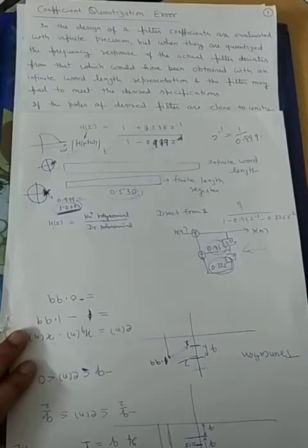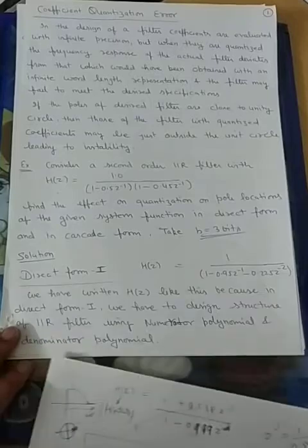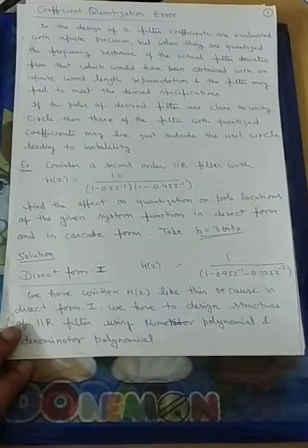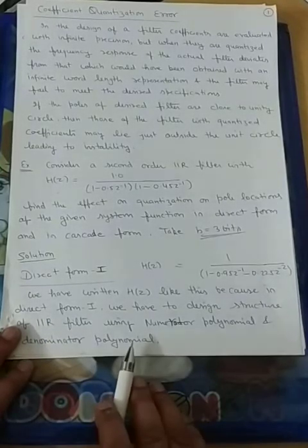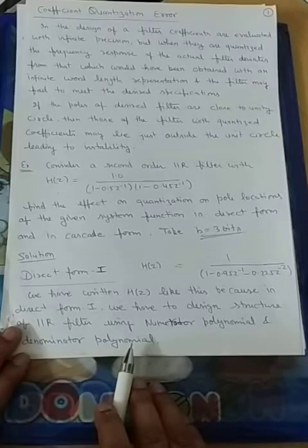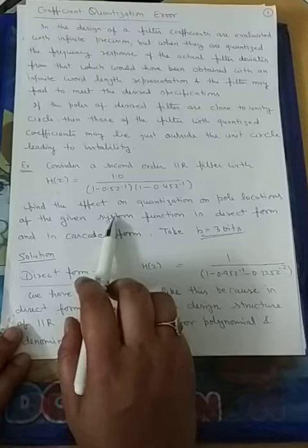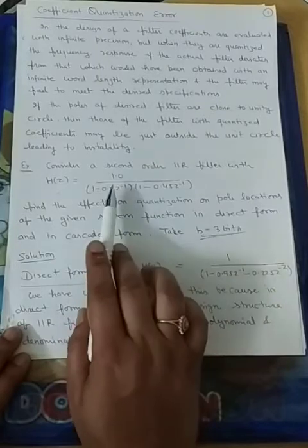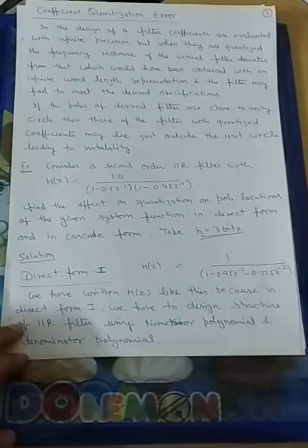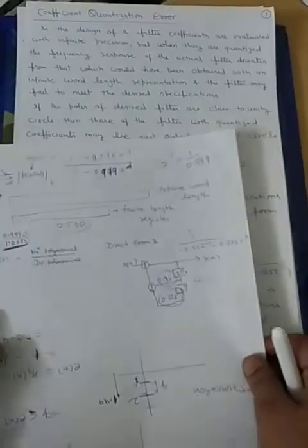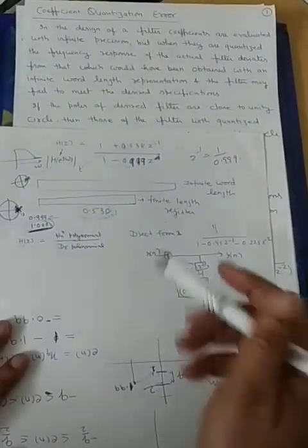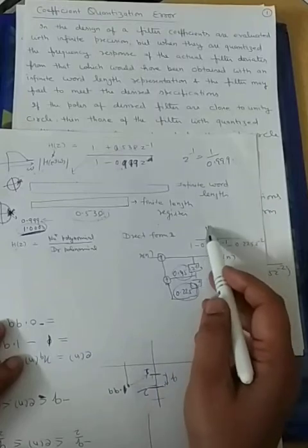Furthermore, the coefficient quantization error is different for different structures. That can be better understood with the help of this example. In this example, a transfer function is given and we have to design it in the direct form 2 as well as in cascade form. When we design it in direct form 2, we have to put the expression of the filter as a ratio of two polynomials.